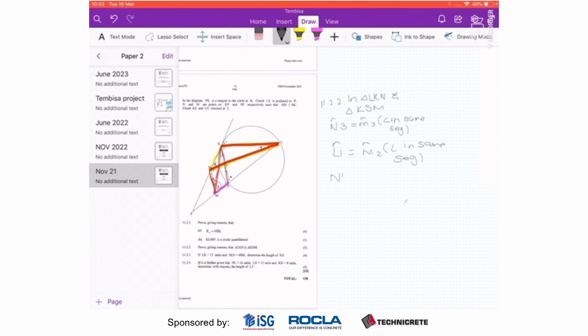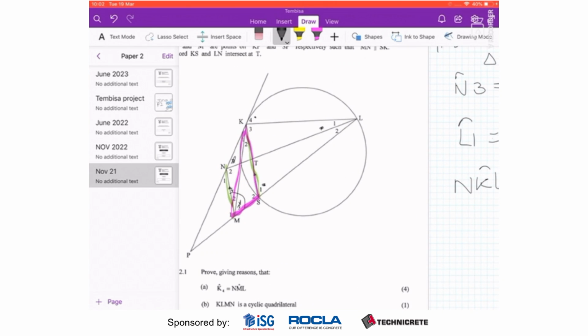So NKL is equal to MSK, and the reason is, where is it? Let's find it. NKL is the last one in this triangle, and the last one in this triangle is MSK, which is here. Okay.